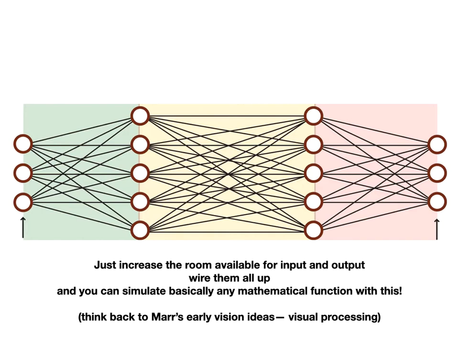Maybe take 1,000 Boolean values and output 1,000 Boolean values. And remember, those inputs and outputs can map to things like an image. Think back to Marr's early vision, right? Where Marr would propose things like the zero crossings, right? This is a way that we can take these basic units that are neurally inspired and have them produce very complex operations.